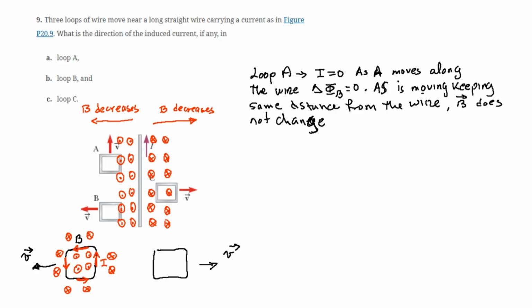Because remember, as you move away from the wire, the magnetic field decreases. So there would be a change in magnetic field, and that is going to induce a current. But that current needs to counteract the decrease in the intensity of the magnetic field crossing the plane of the loop. So the current that will be induced will be clockwise.